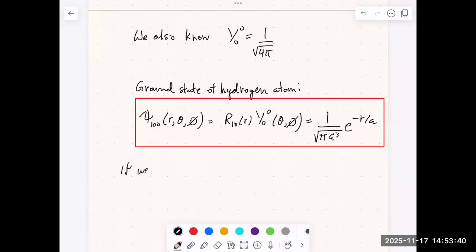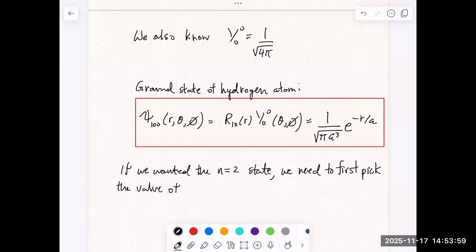So if we wanted the n equals 2 state, we need to first pick the value of L. And so L could be equal to -1, 0, or +1.